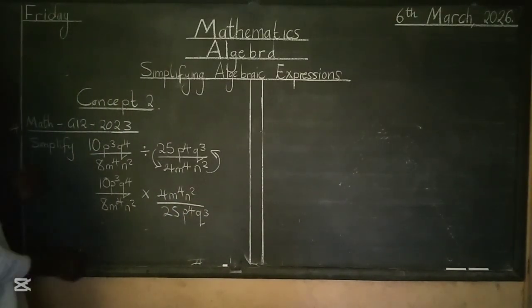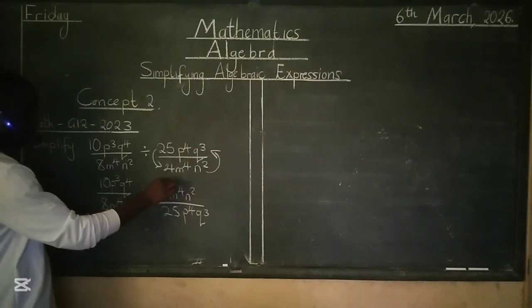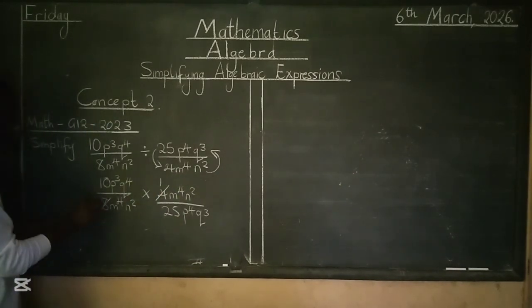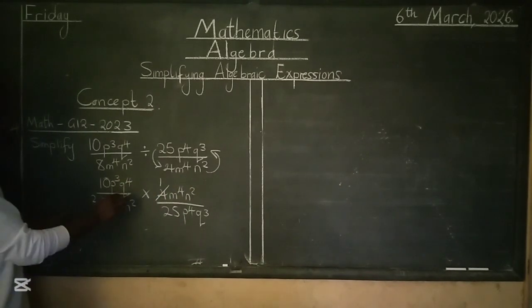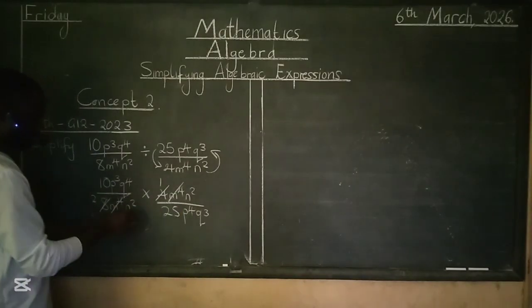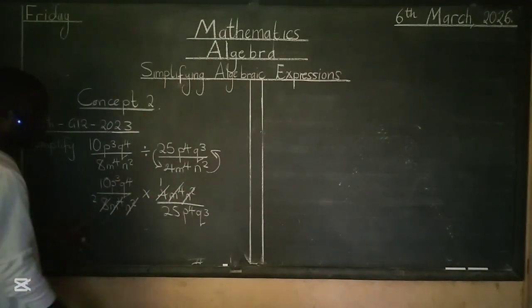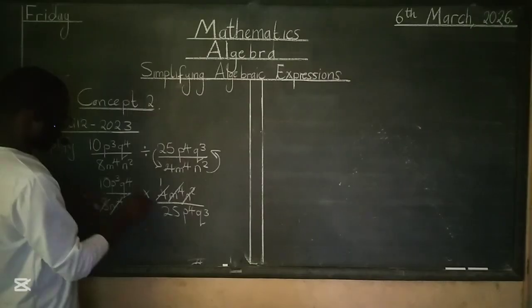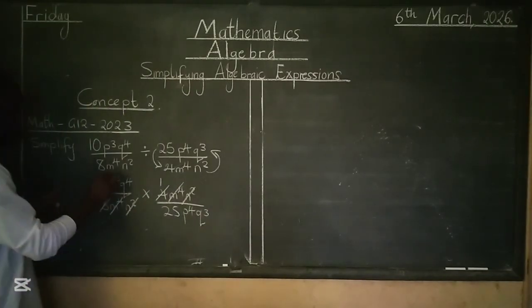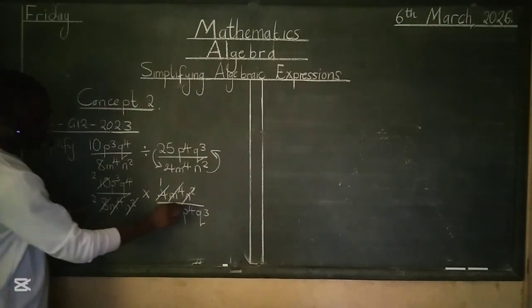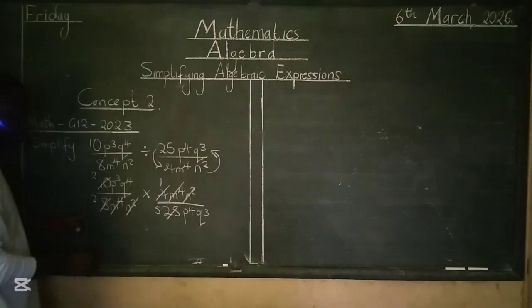So here I know 8 and 4. 4 into this is 1, 4 into this is 2. Then m to the power 4, m to the power 4, n squared, n squared. Then this side, 10 and 25. 5 into this is 2, 5 into this is 5.